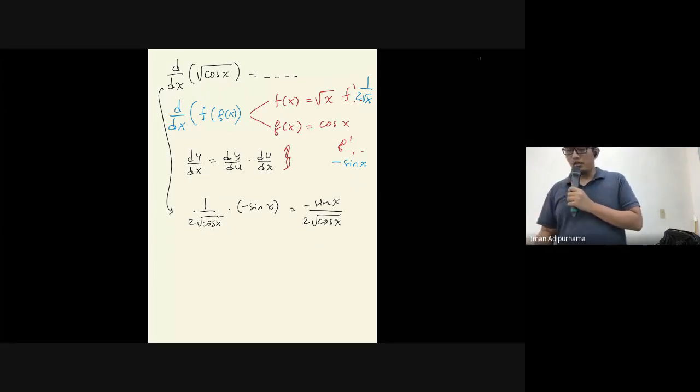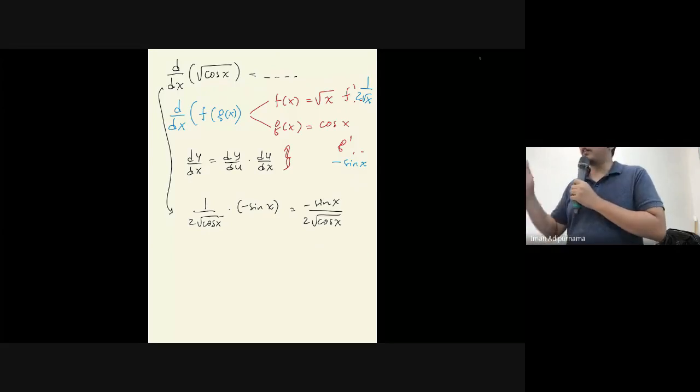Maybe we can go directly through all those forms, and then later we will have some examples. Okay. So exponential functions.